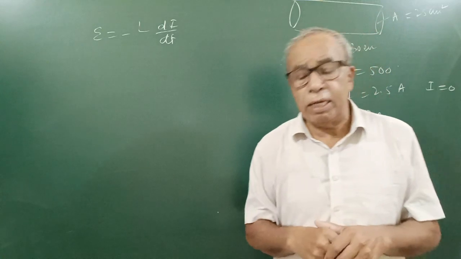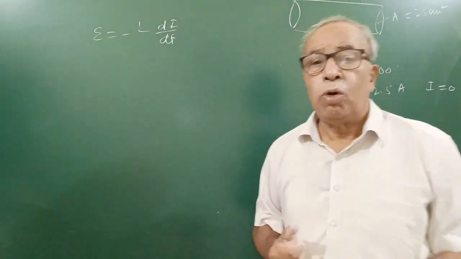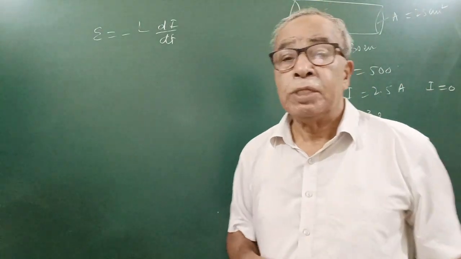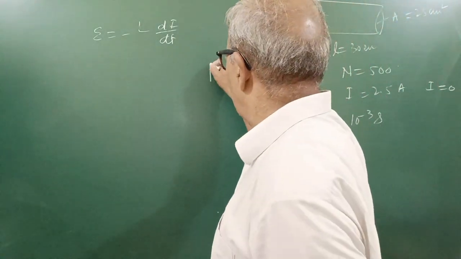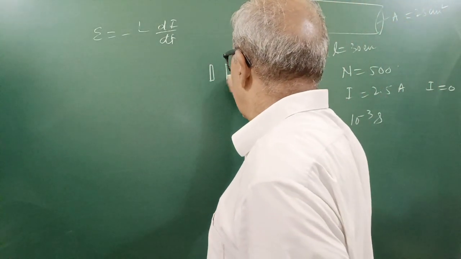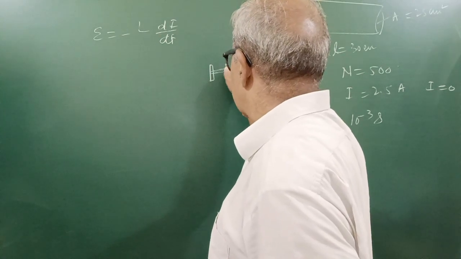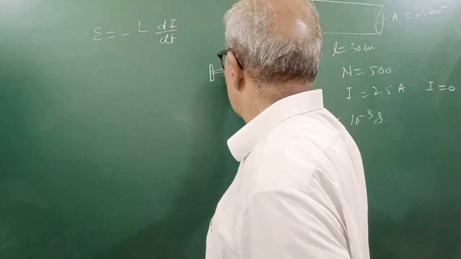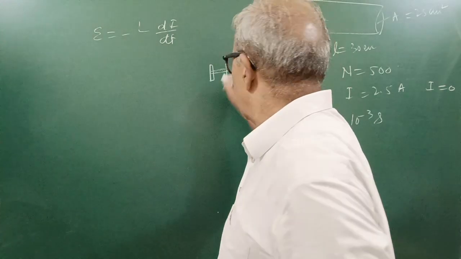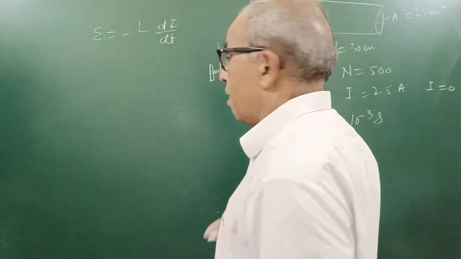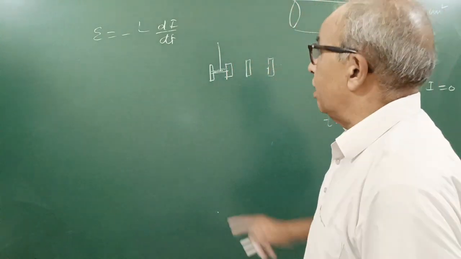Whatever the switch is, when you switch off, sparking takes place. Why? It is because of self-induction. The switch has two metallic ends, and when we switch off, this part comes out. Only air space is there. So current becomes 0 in a very small time.